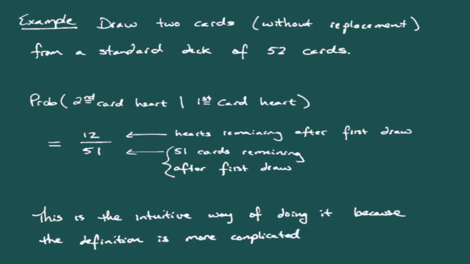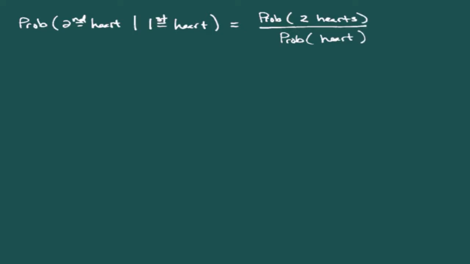So if we were using the definition, what this would be is the probability of 2 hearts divided by the probability that we have 1 heart. And so the probability that we draw 2 hearts is going to be 13 choose 2 divided by 52 choose 2.